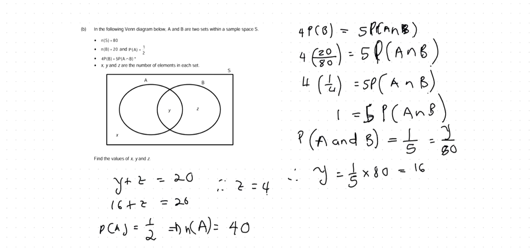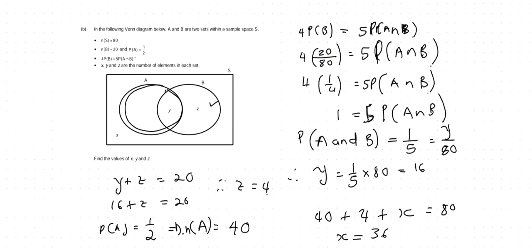If we then add everything up together, 40 plus Z only, because we already calculated Y, plus 4 plus X should give us 80, and therefore X would be equal to 36.